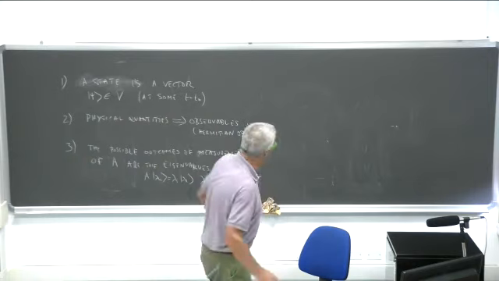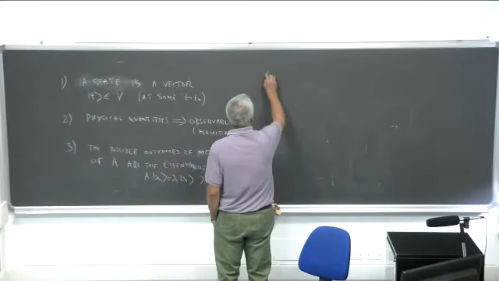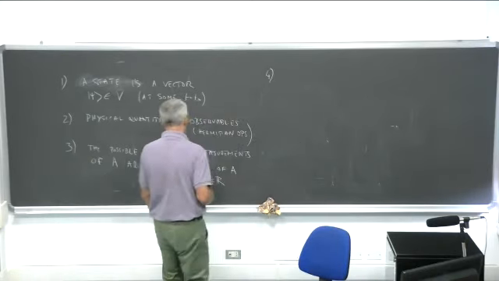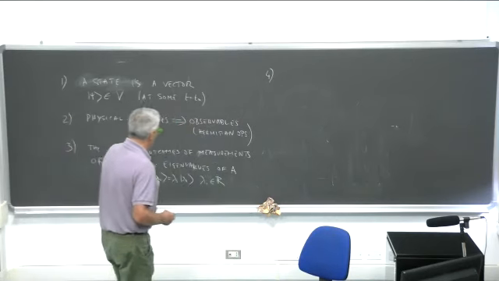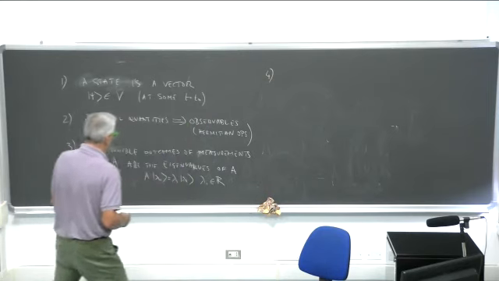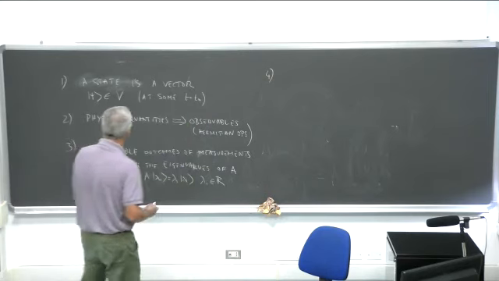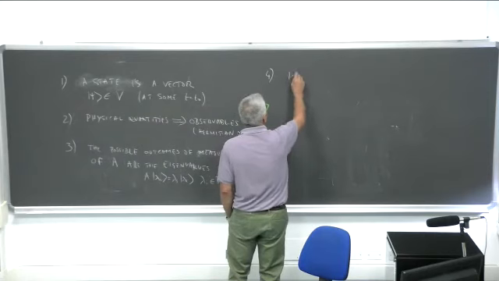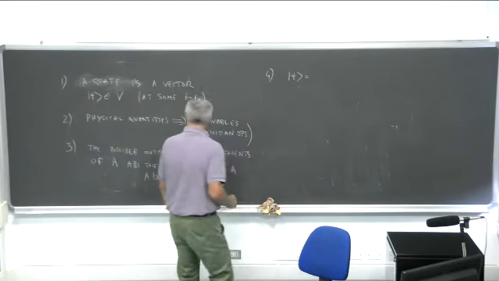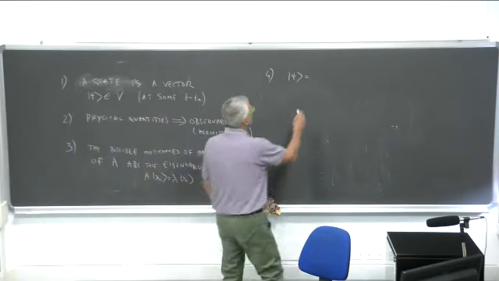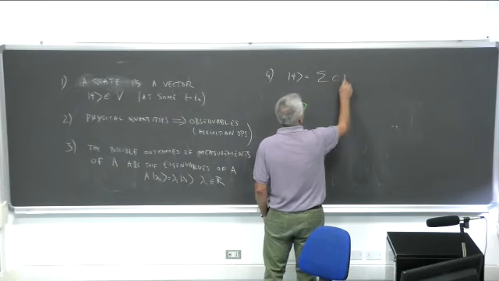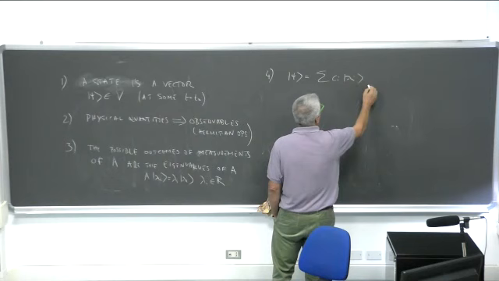And now comes the probabilistic interpretation. To introduce that, you have your state psi, and you expand it in eigenstates of the observable A. So you expand it as the sum of c_i times lambda_i, where the c_i's are complex numbers.